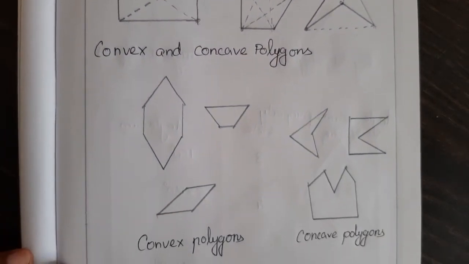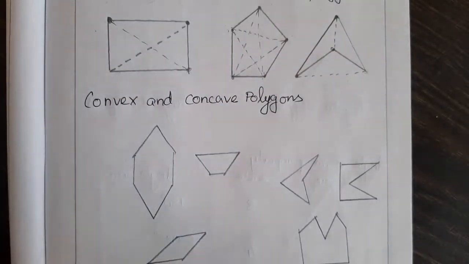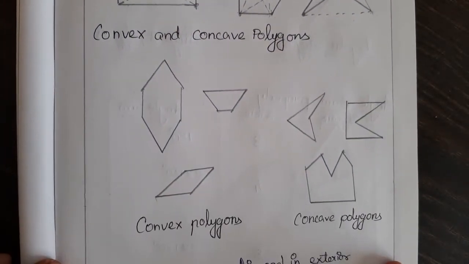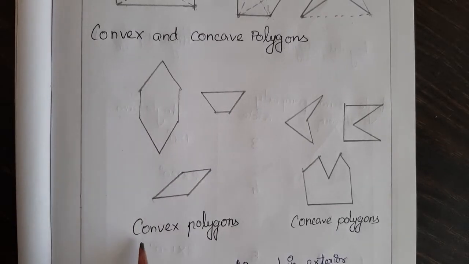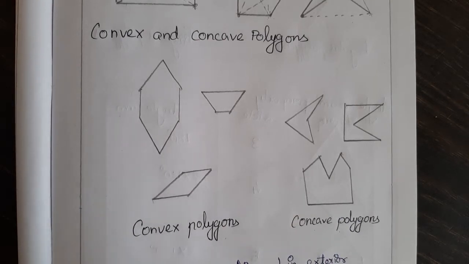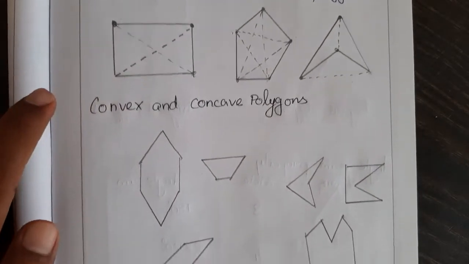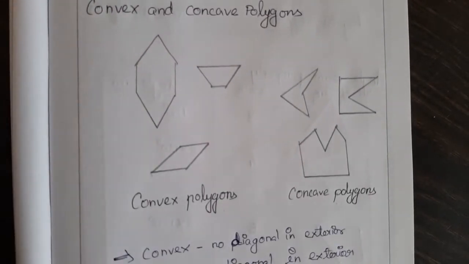Convex and concave polygon. This convex and concave polygon depends on the diagonals. Just observe this picture: a convex polygon, and a concave polygon. Try it with the previous diagonals concept, then you will get a wonderful idea.